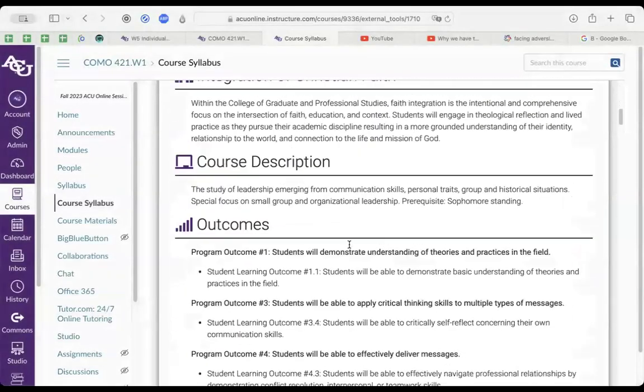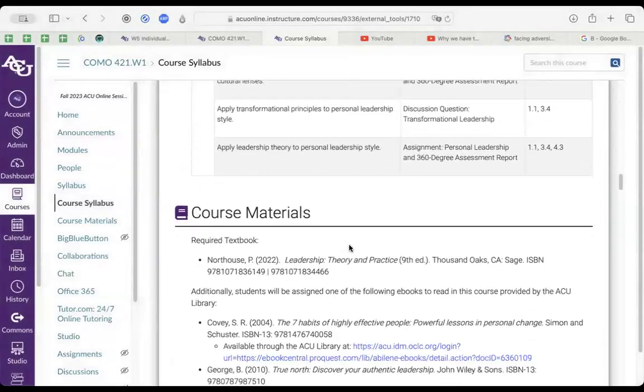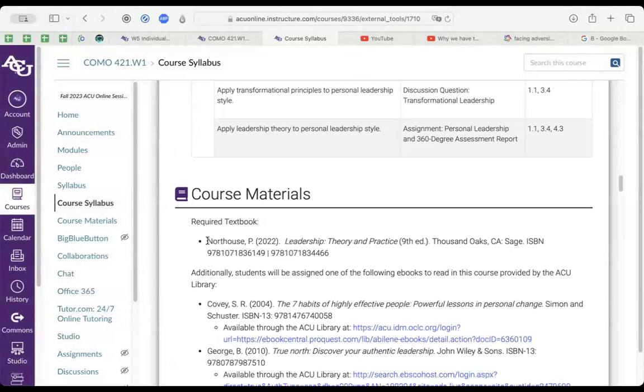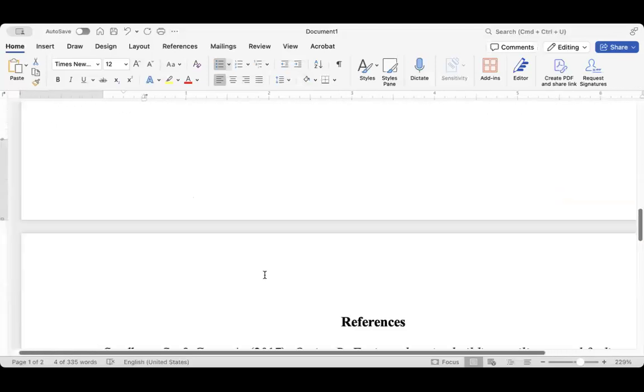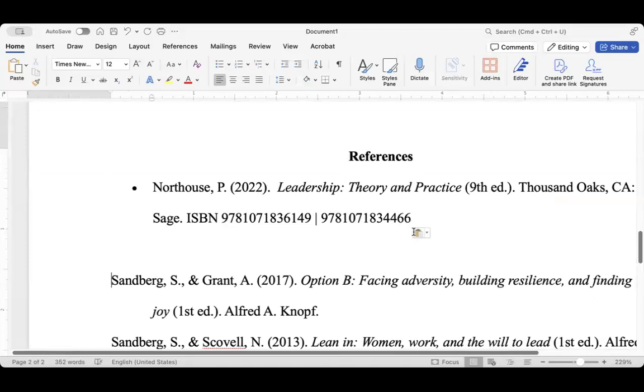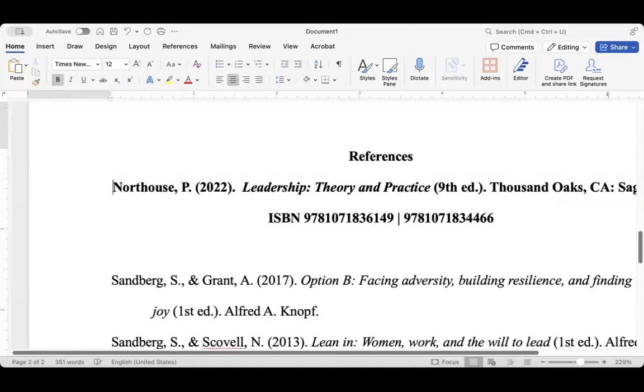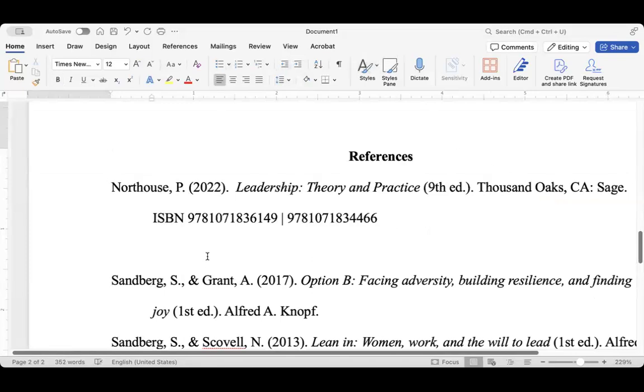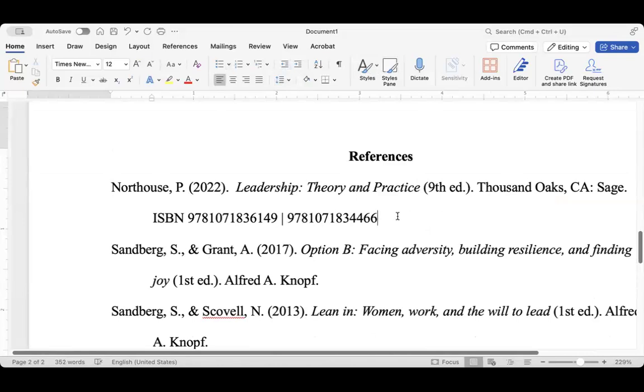So here we see the course textbook here. And we could just go ahead and copy that and head over to our Word document. But you always want to make sure that you are doing your due diligence. So if I paste this here, just add our APA reference file, we have some extra information here.